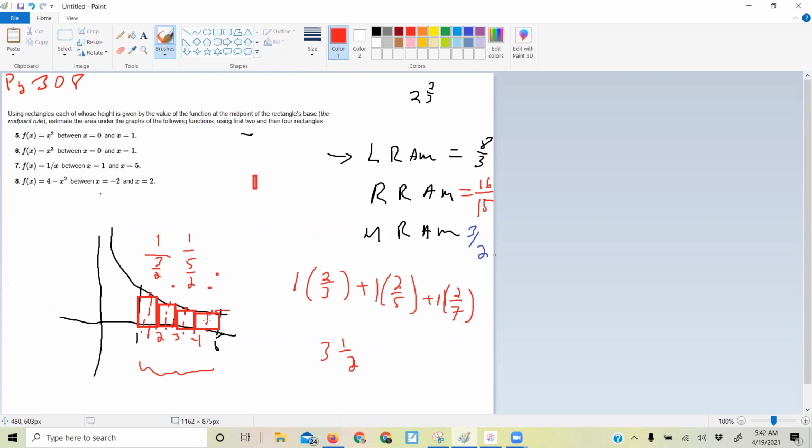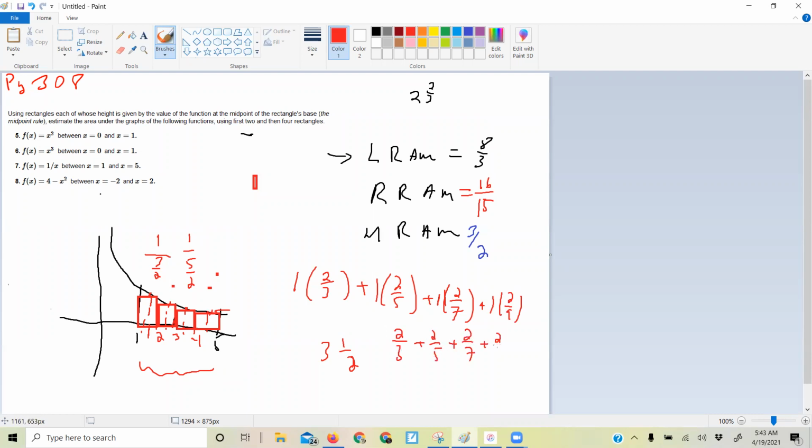And then the last one will be 4.5, which is 9/2. So 1 over 9/2 is 1 times 2 over 9. So that just means I'm going to add 2 over 3 plus 2 over 5 plus 2 over 7 plus 2 over 9. And then all times 1 doesn't matter, right?